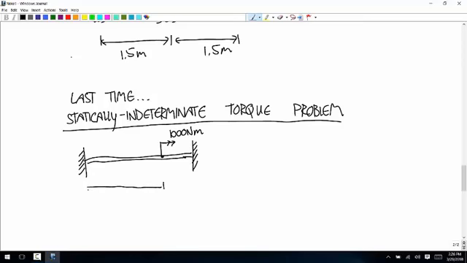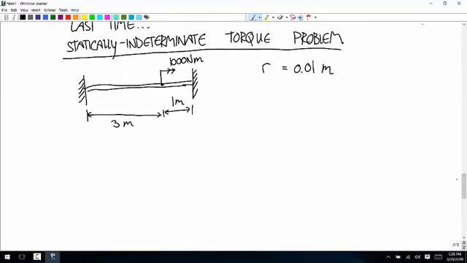And this was 3 meters. And that was 1 meter. And it was a circular cross section with a radius of 1 centimeter. What are the external loads?